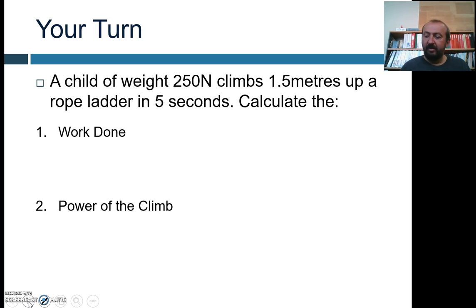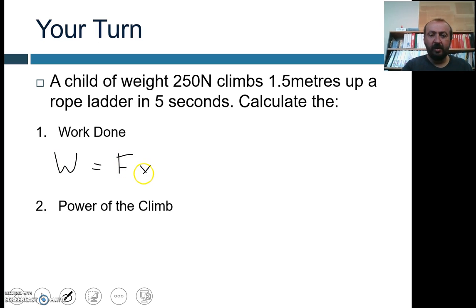Okay, hopefully you've had a bit of a think about that one. So the first one, we're going to use our equation, work equals force times distance moved. And this is going to equal our 250 newtons because that's how much she weighed. So she has to combat that force of weight. She has to put 250 newtons of force in to move up.